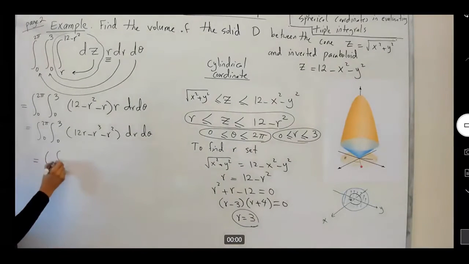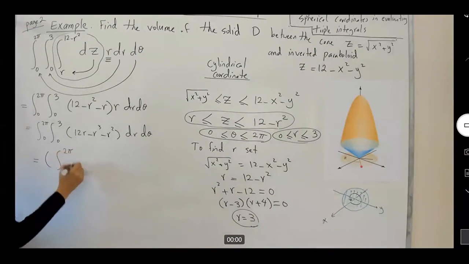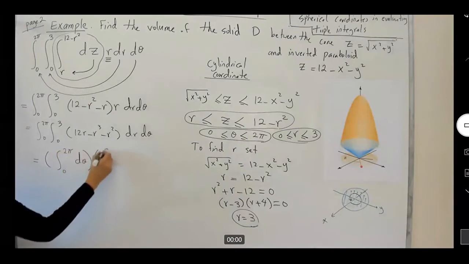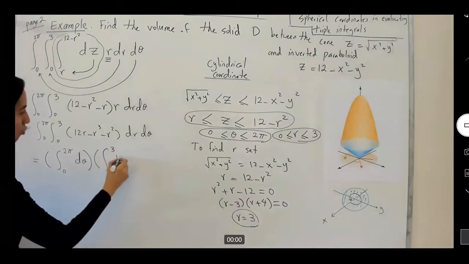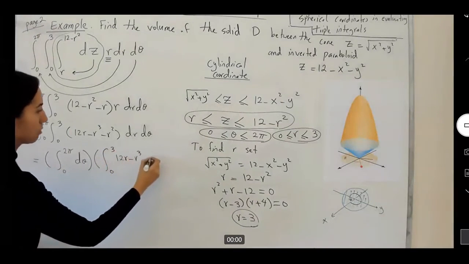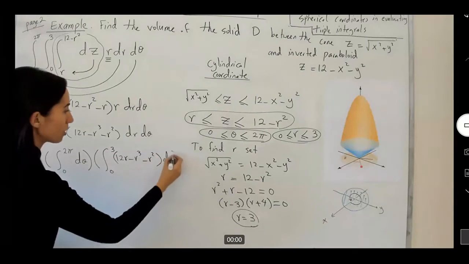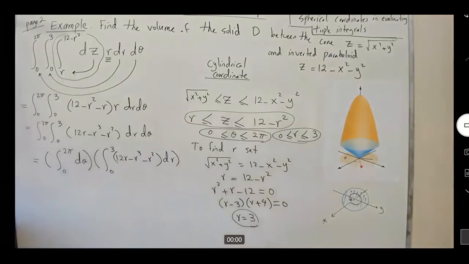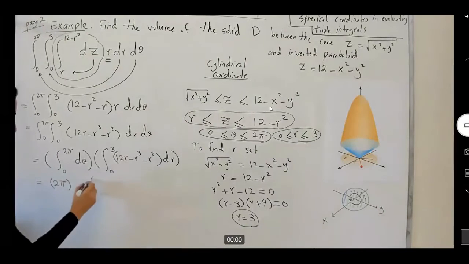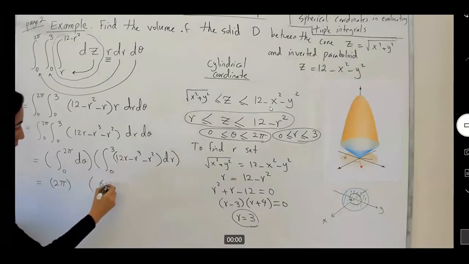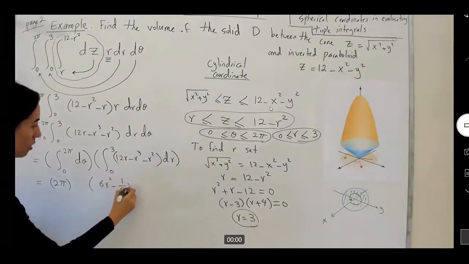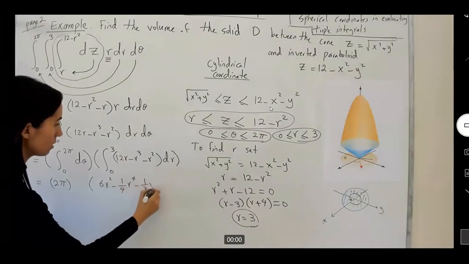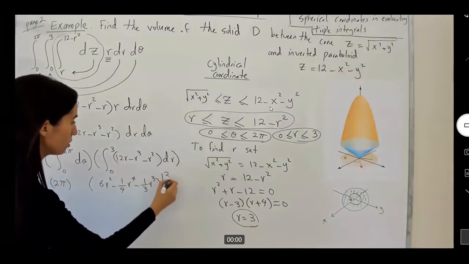I have fixed boundaries, so I'm going to separate these two. I get the multiplication of the integral 0 to 2 pi d theta times the integral 0 to 3 of 12r minus r cubed minus r squared dr. So this is equal to 2 pi times, here you have 6 r squared minus a fourth r to the fourth minus a third r cubed, 0 to 3.